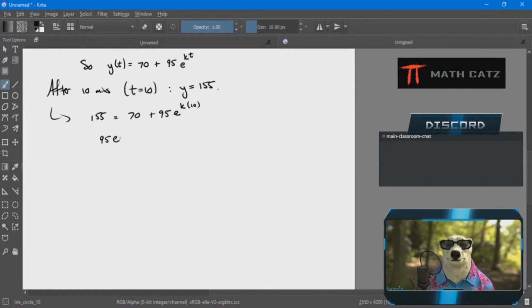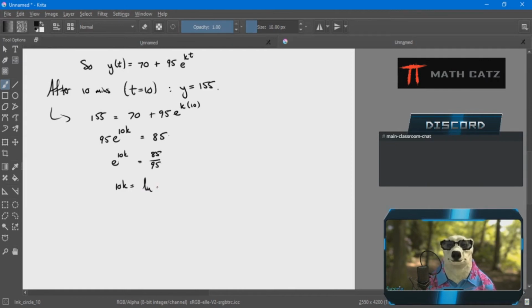So 95 e to the 10k is 155 minus 70. So that'll be 85. So e to the 10k is 85 over 95. 10k, and I'm not skipping any steps just in case you don't see the similarities between this and what we've done before.